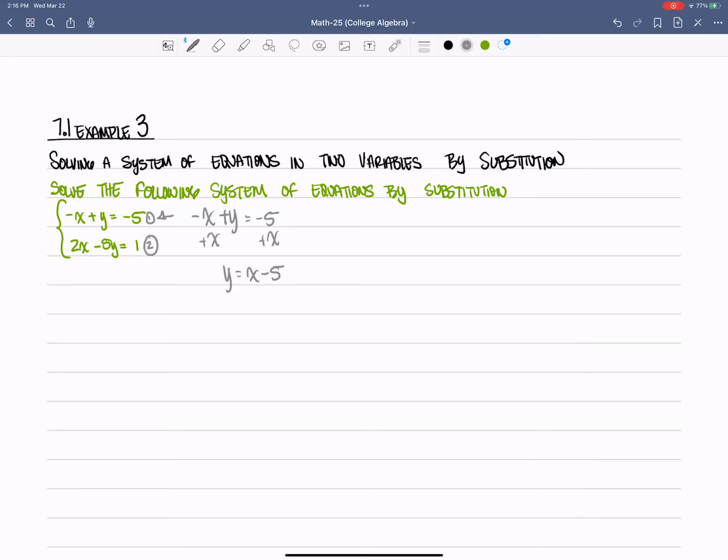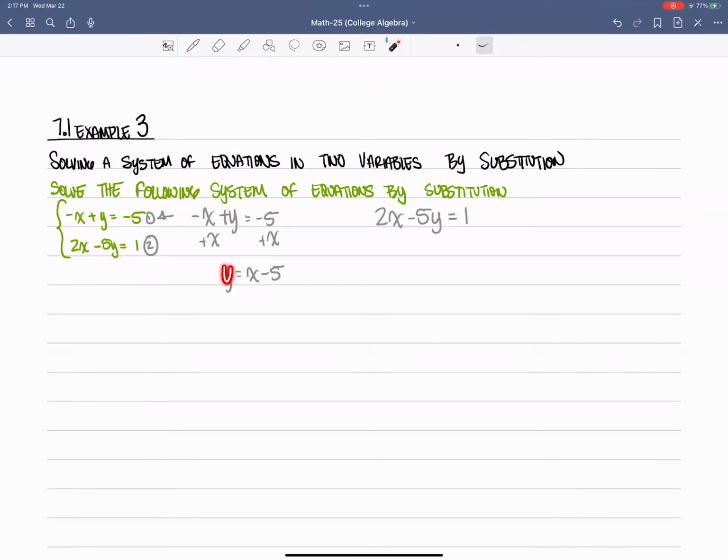Now we have equation 2. Let's write it down. 2x minus 5y equals 1. So we have y is equal to this right here. The reason why we call this substitution is because we could substitute this y here for this y here.